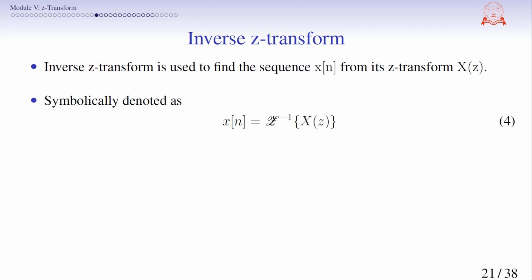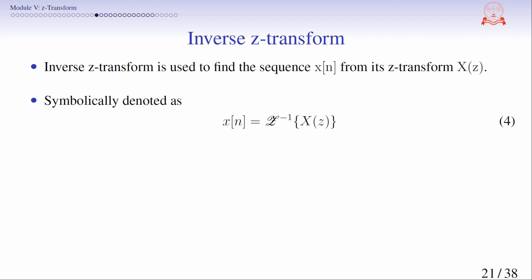Symbolically, the inverse Z transform is denoted as x of n is equal to z raised to minus 1 x of z.